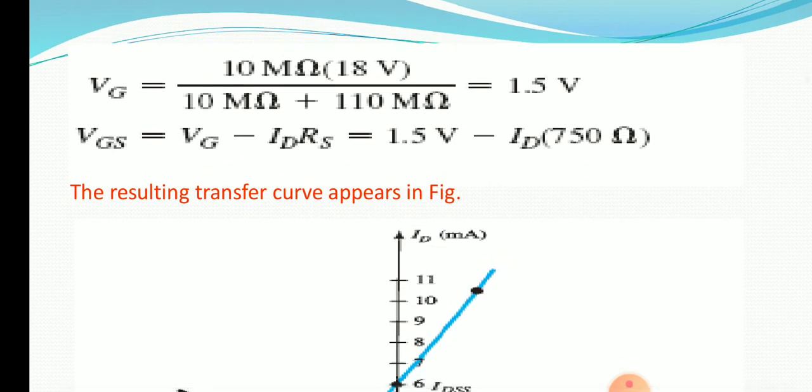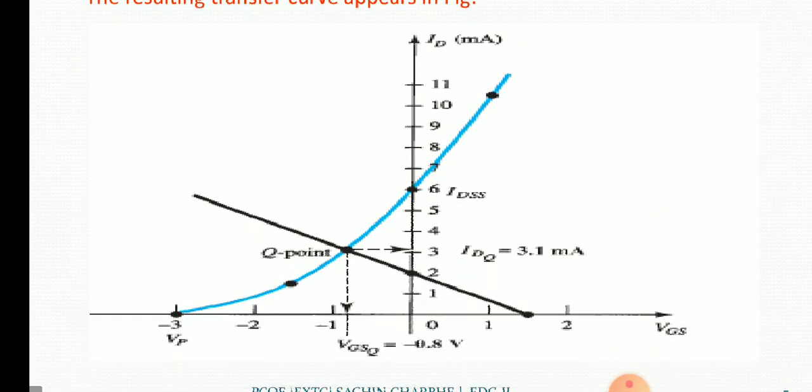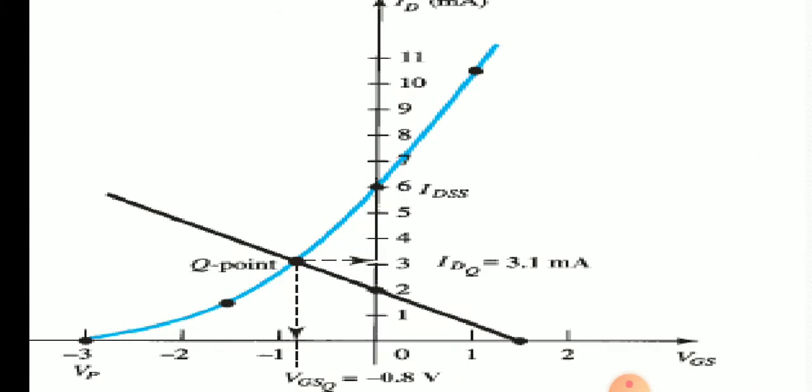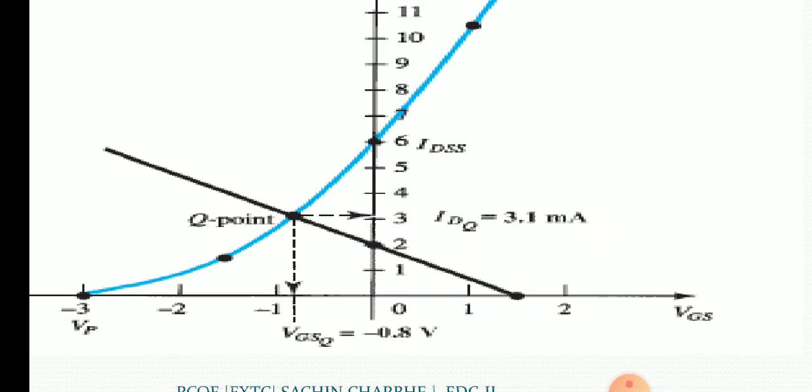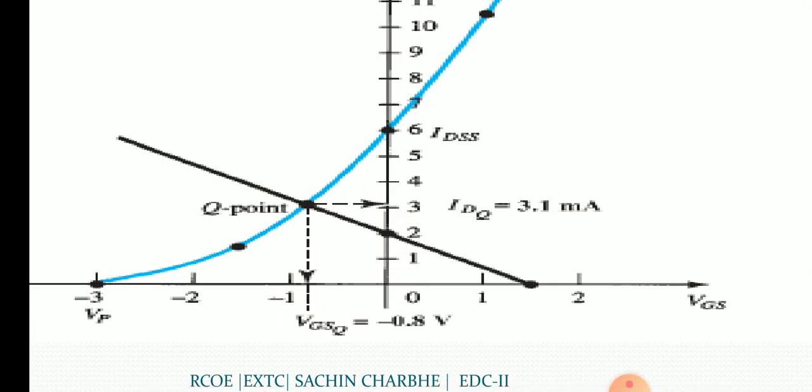We have to choose the VGS and plot the graph. Here, if VGS is the pinch off voltage -3, then drain current is 0. In this way you can calculate the value for -2, and similarly you will get the ID value. Then for -1, we are getting ID as 3.1 milliampere.